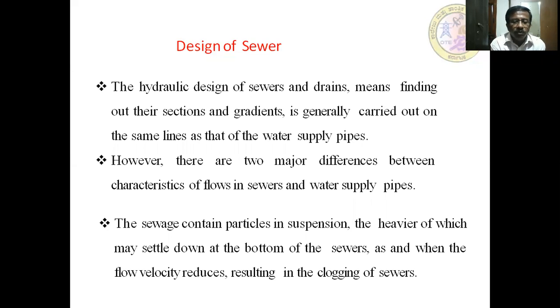It is not possible to introduce pumps because it is very difficult to pump sewage, since it has corrosive materials and also floating materials, debris and all these things, which may affect the components of the pumps. So we design for only gravitational flow.